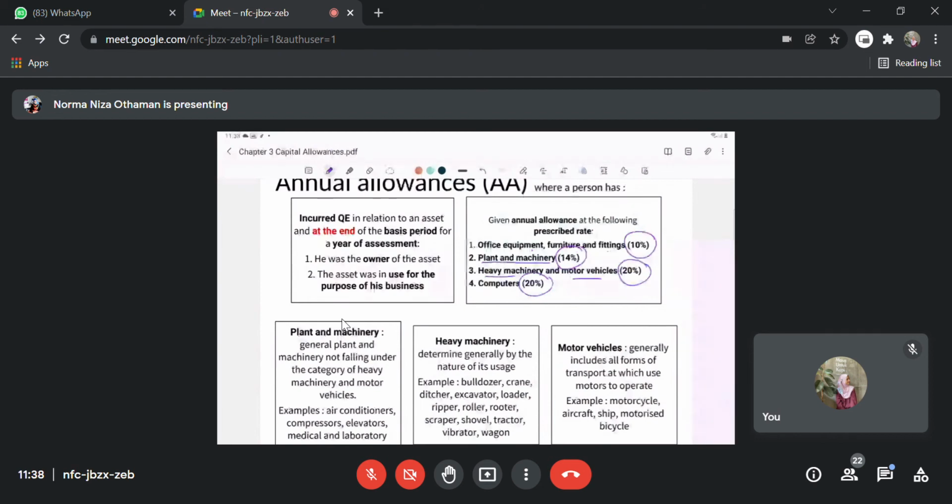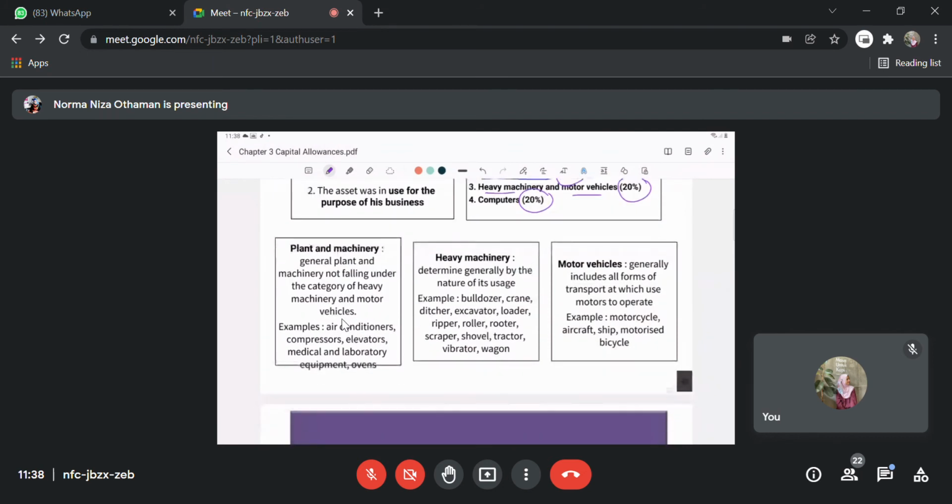So dekat sini saya bagi juga example untuk heavy machine, example untuk motor vehicle. So you boleh bacalah contoh-contoh kat sini. Right. General plant and machinery selalunya kat sini bukan heavy lah. Contoh compressor, elevators, laboratory equipment, ovens, kelengkapan biasa. Kalau heavy machine ni dia lebih besar, bulldozer, crane, benda-benda yang lebih besar lah. Selalu dalam soalan dia akan mention dekat you all lah, this one is heavy machine or normal machine, general machine. Okay.